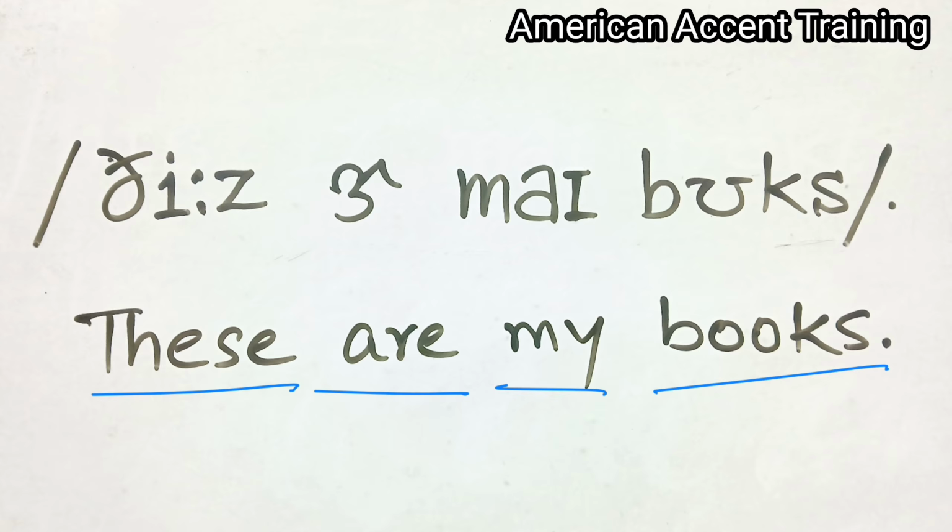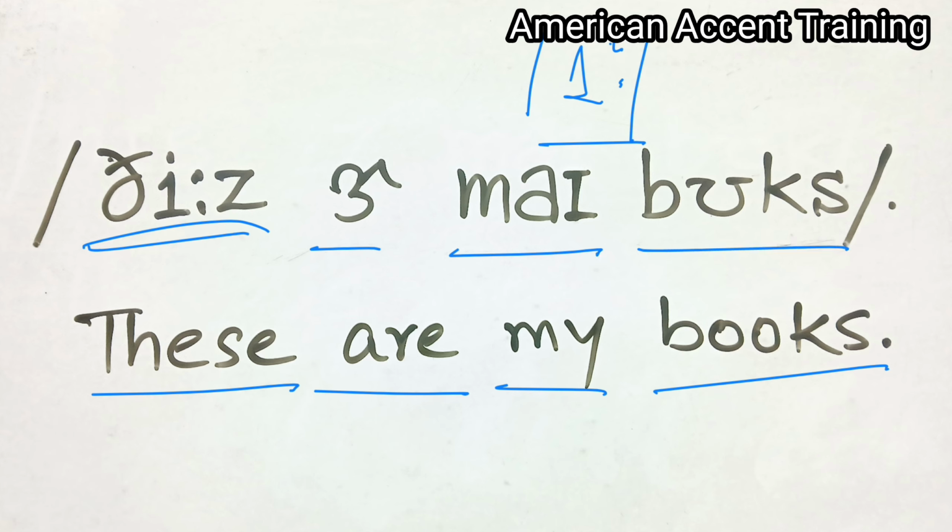So here the vowel shift is from the I to the E, which is the elongated E, which sounds like this, E. These are my books.